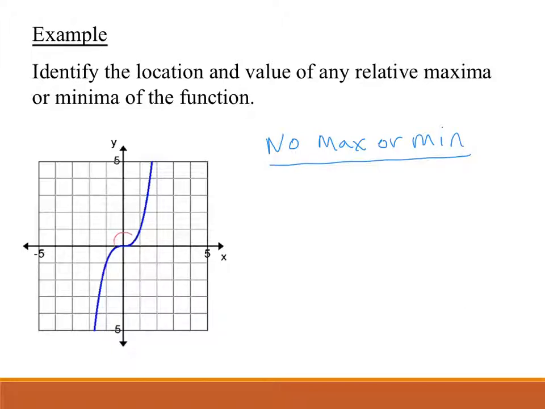There's an inflection point. This inflection point is at 0, 0. It's where the function is changing from accelerating, and then it kind of levels off, and then it re-accelerates. They call that an inflection point.